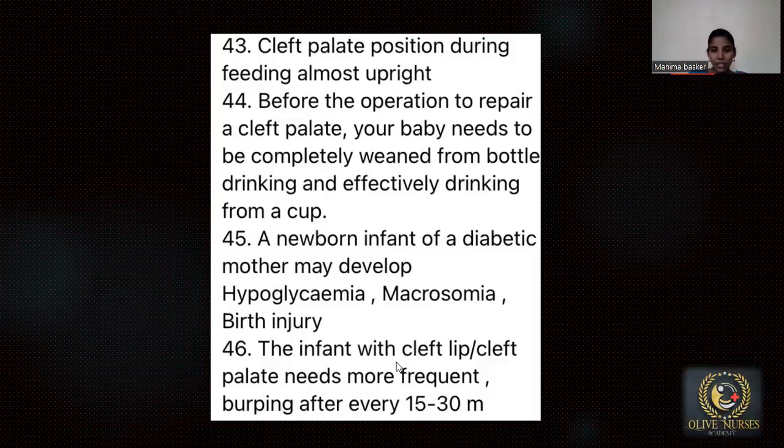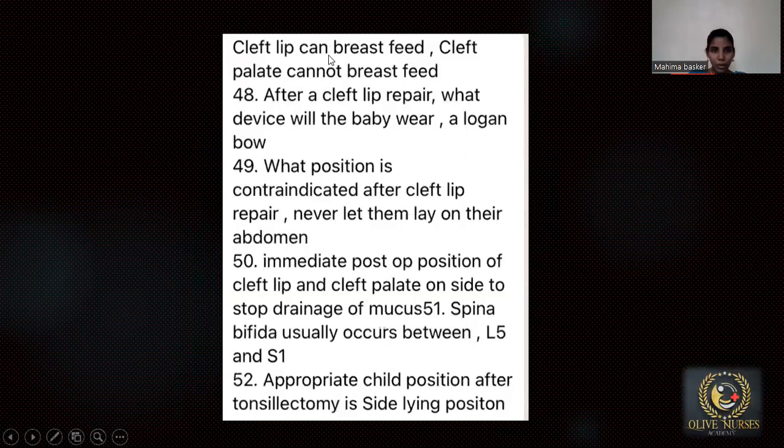The infant with cleft lip, cleft palate needs more frequent burping, after every 15 to 30 minutes, because cleft lip and cleft palate both can cause aspiration. So after the feeding, every 15 to 30 minutes we have to burp the baby until the burp comes.